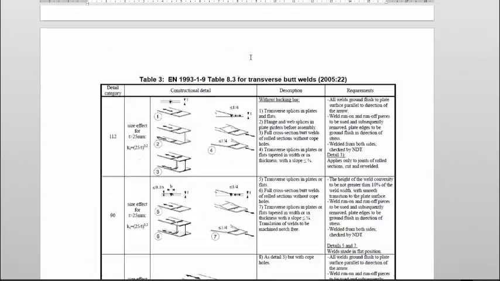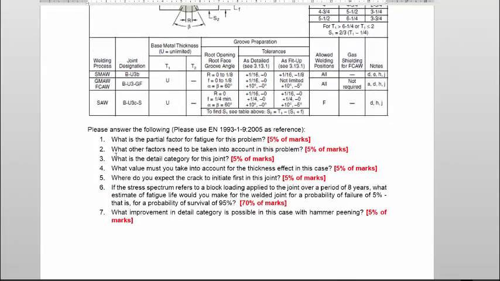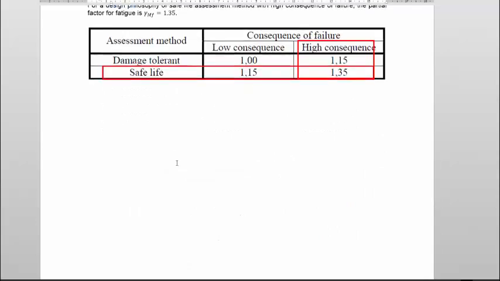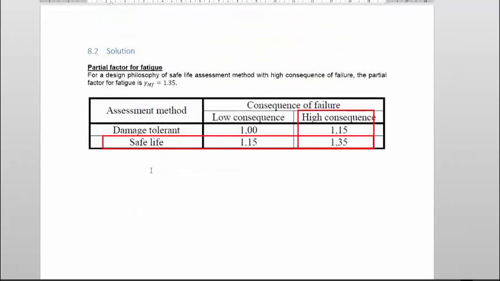Let's see what the second question is. The second question is, what other factors need to be taken into account in this problem? Other factors, let's call them by the correct name, influencing factors to take into account.